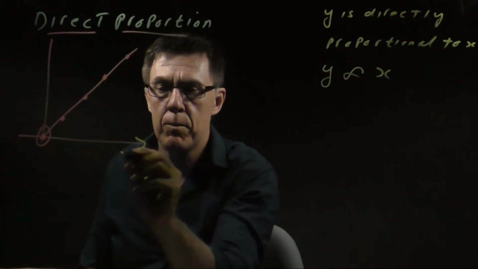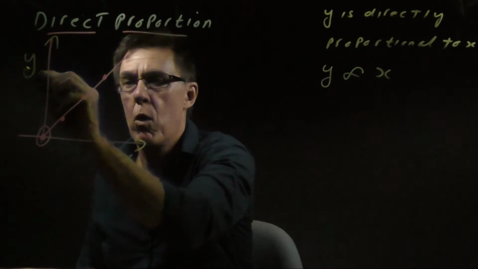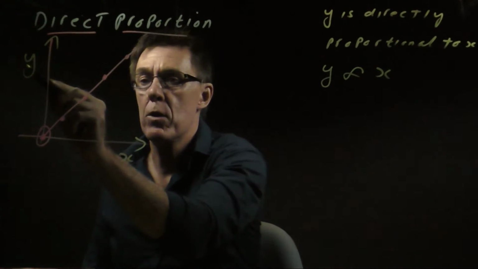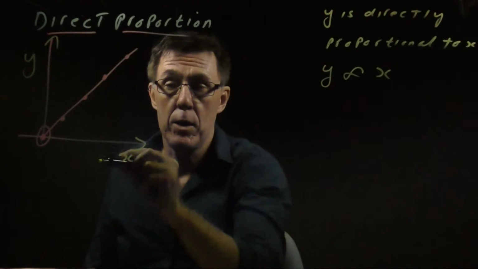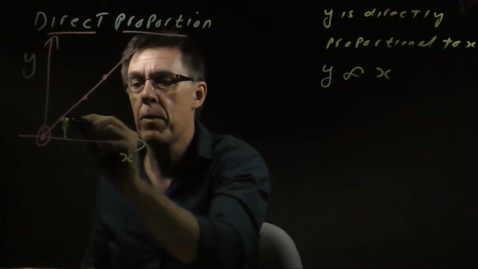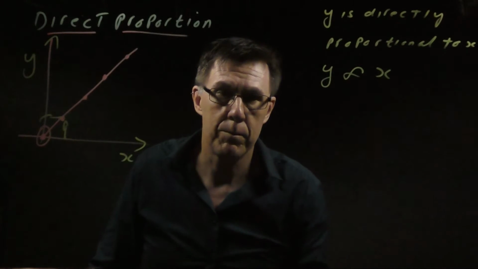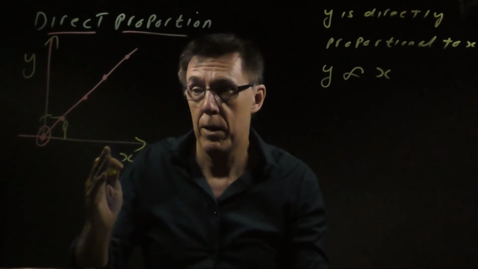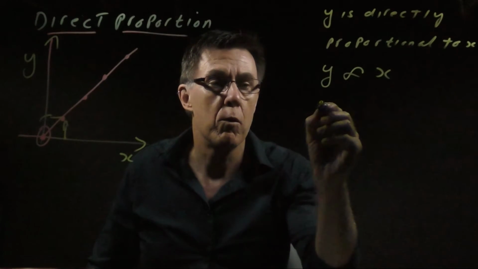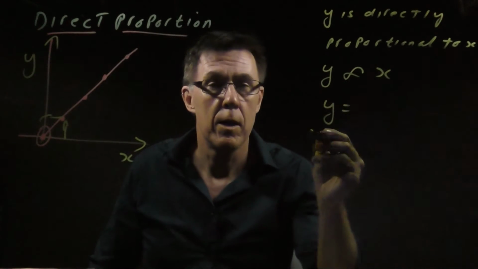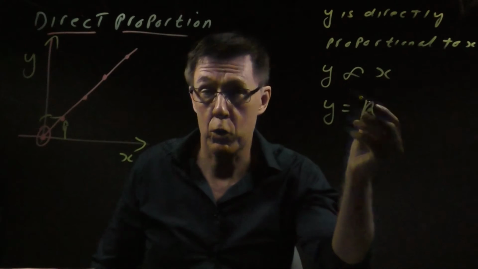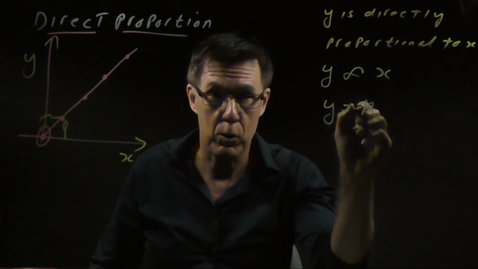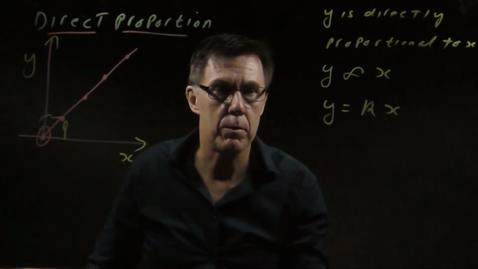Here's the situation. My x-axis, my y-axis. So the y value is directly related to the x value. As x goes up, y goes up as well. Now, because it's a straight line, we can come up with an equation for that. Straight lines are always in the form of y is equal to some particular number, some constant, that's why I use the letter k, for constant, multiplied by your x value.